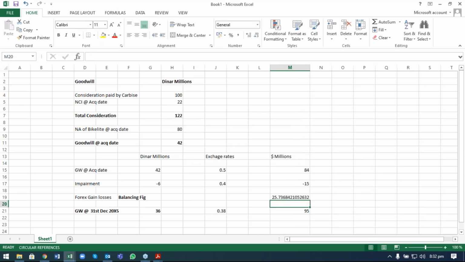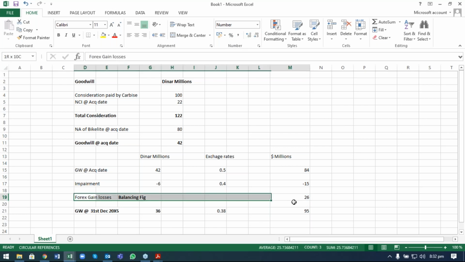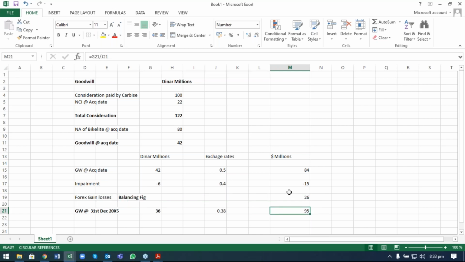So the difference is 25 point some million or 26 million, I believe 25.7 million or 26 million. So I'm going to round it to 26 million. So the balancing figure, how you need to calculate it, is this 95 million, or you can say the total of these three must equal this 94.73 million or 95 million.